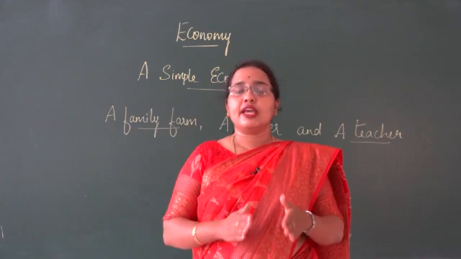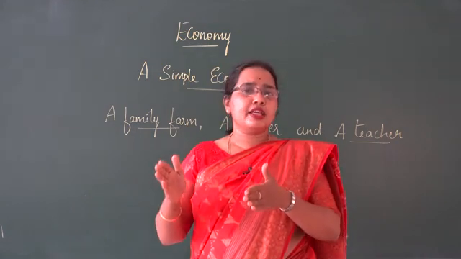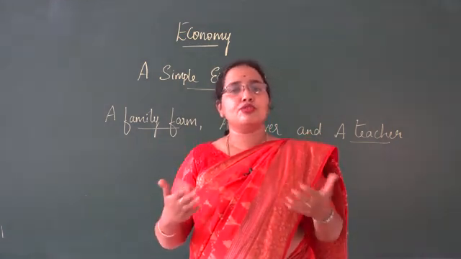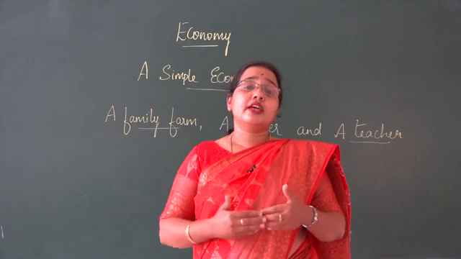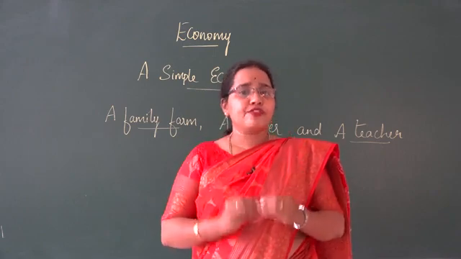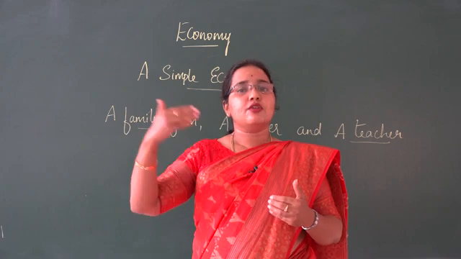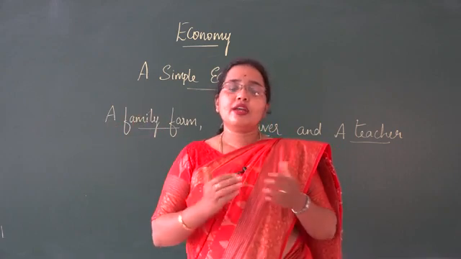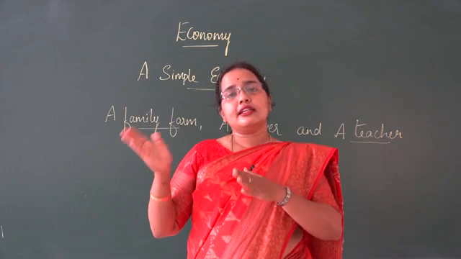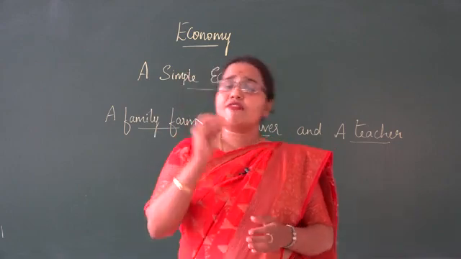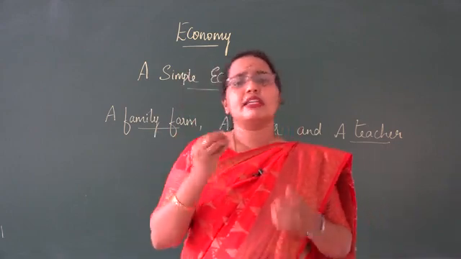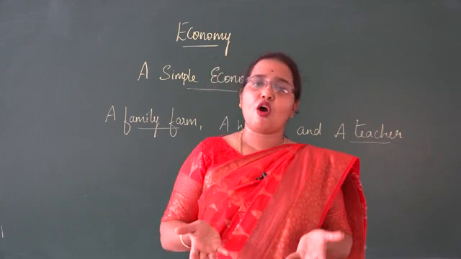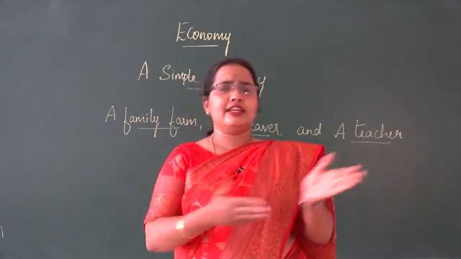In this way, each and every decision making unit can produce some goods and services, use a part of it for themselves, and exchange the rest for the other requirements that they need. Let us take the same example, a family farm. It can produce corn, coconut, paddy, you can relate to any good.